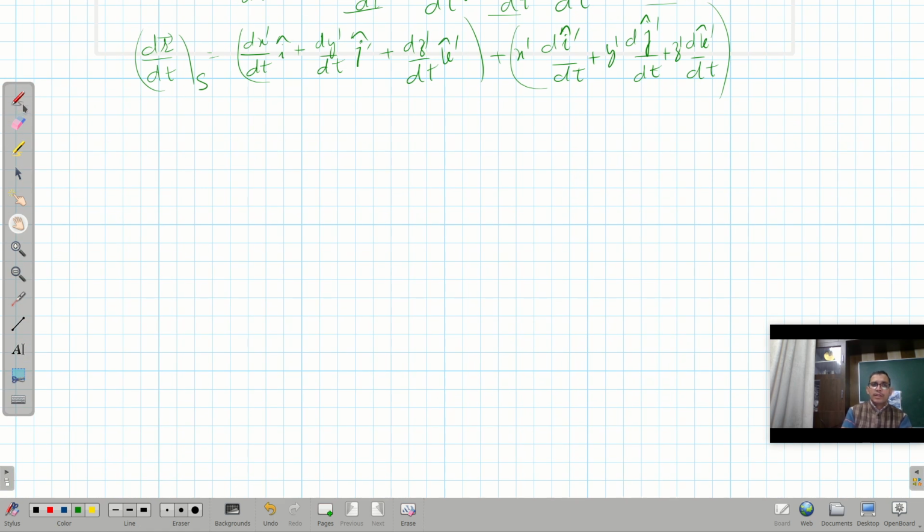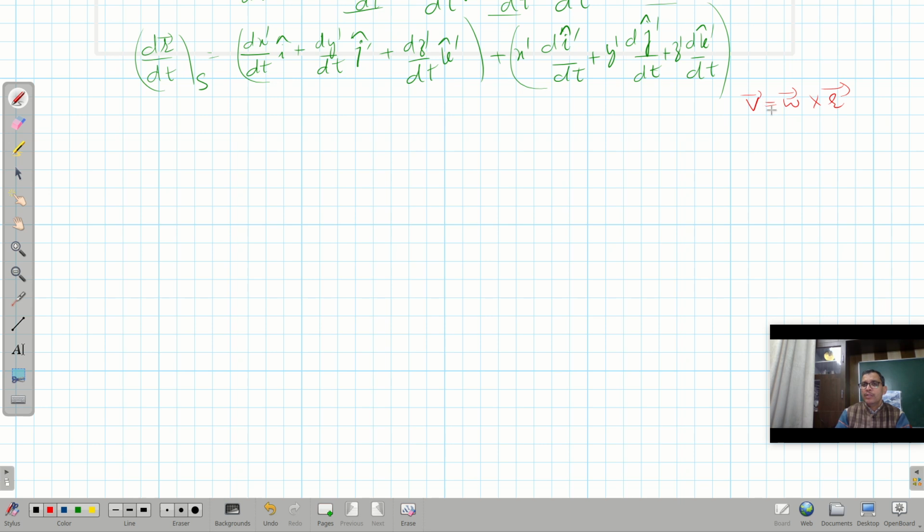Now x prime and the change in i prime cap is basically related to angular velocity. So if we recall the expression for angular velocity, we know that v is equal to omega cross r.